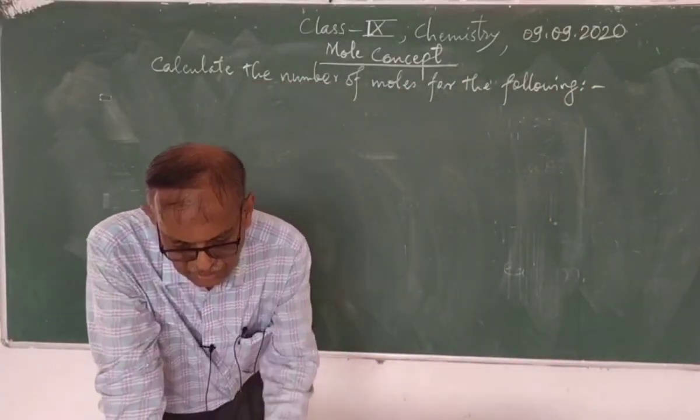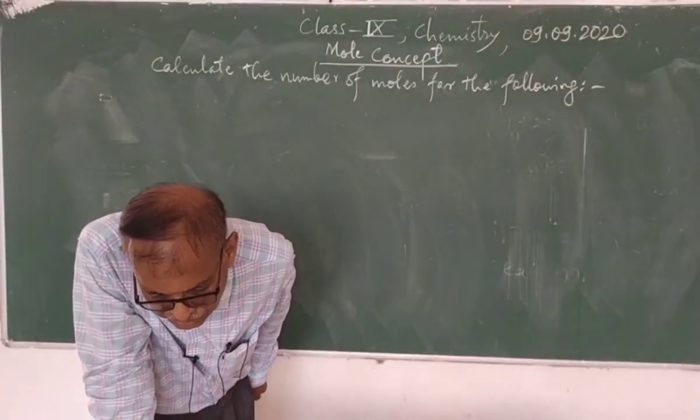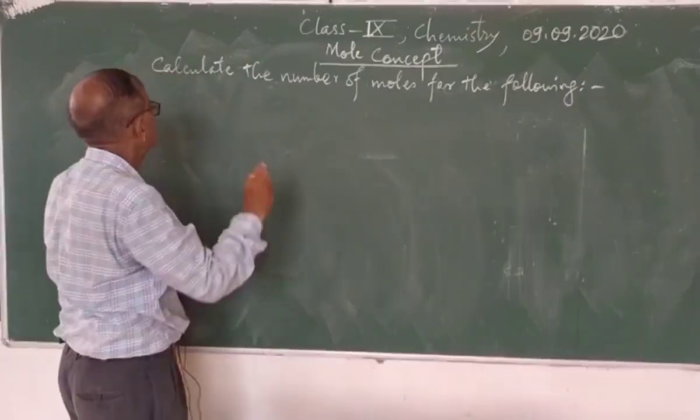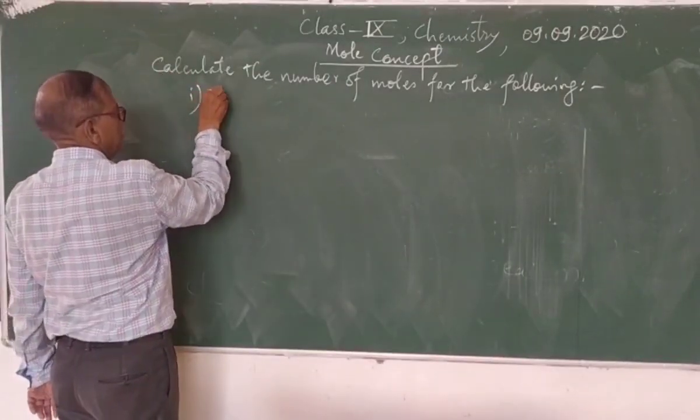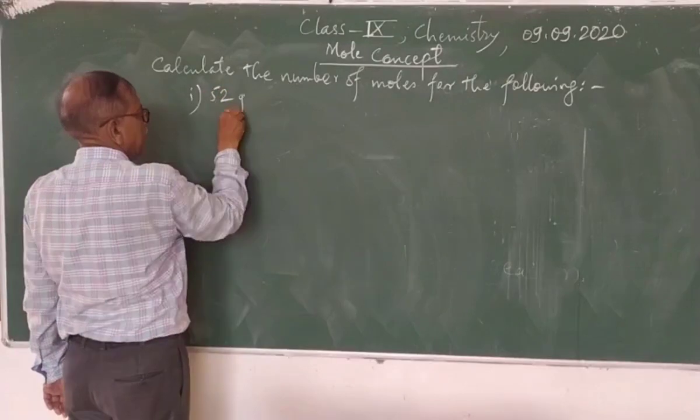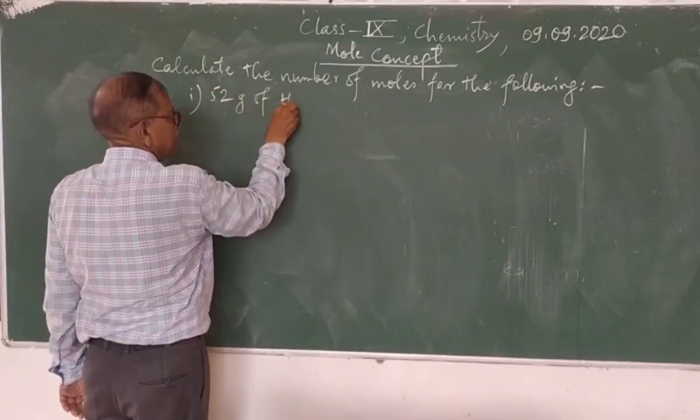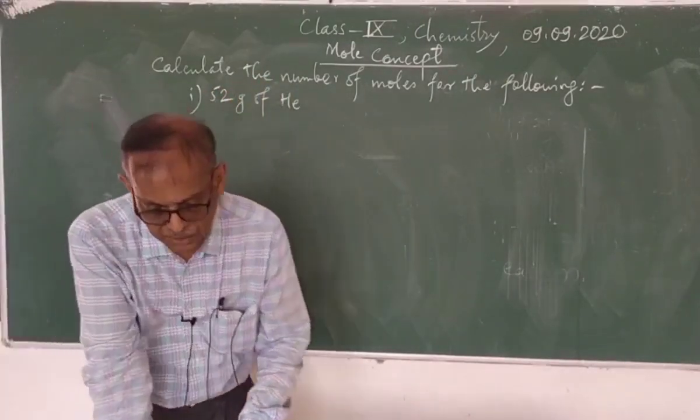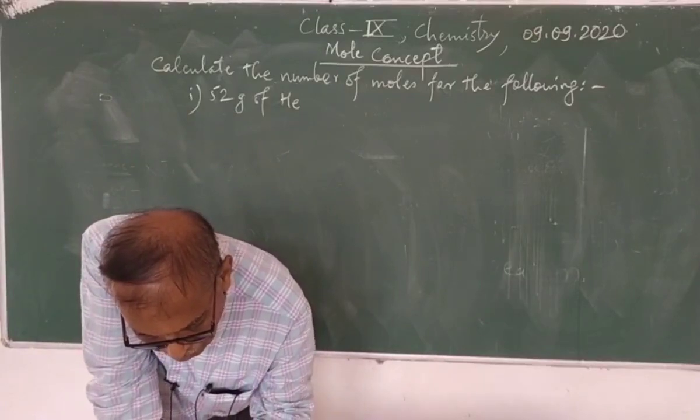Number 1, 52 gram of helium. So, see, finding the mole from mass.